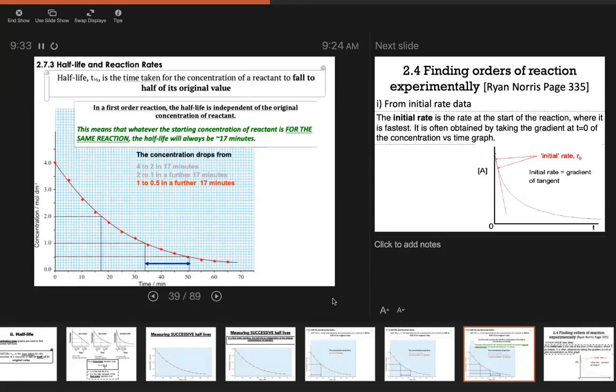You can also start from 2, but that means you go from 2 to 1, 1 to 0.5, as long as you keep on halving the concentration. But the one that we're more interested in is the time, because half-life is the time taken for the concentration to go down by half.